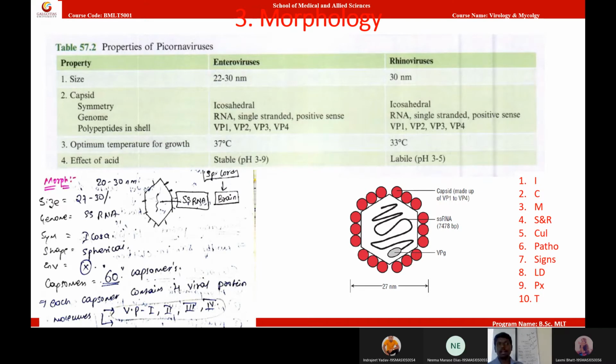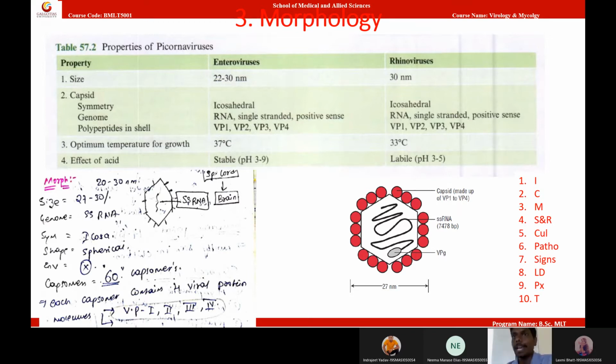Then next slide heading: susceptibility and resistance. What are the 5 points? Same points: symmetry, icosahedral, size, genome, shape, everything the same.